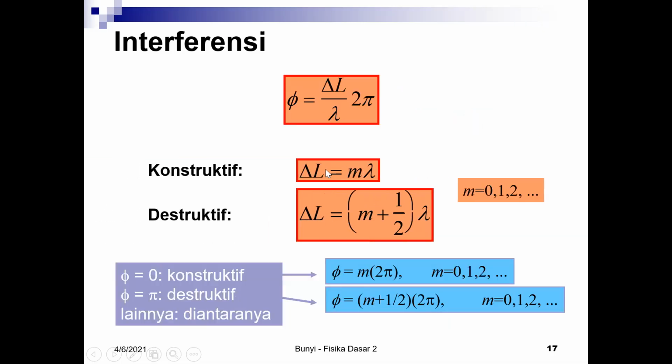For constructive interference, because phi should be a multiple of 2 pi, delta L is equal to m lambda. While for destructive interference, delta L is equal to m plus a half lambda, where m starts from 0.